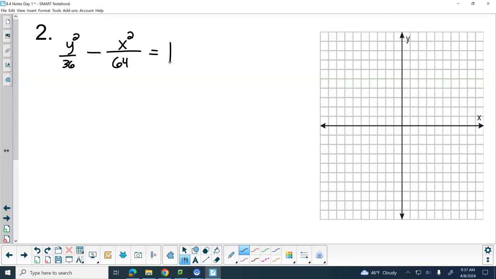So step number 1 says it opens up and down. Step number 2, where is my center point? 0, 0. Everybody agree with this? Center is at the origin.